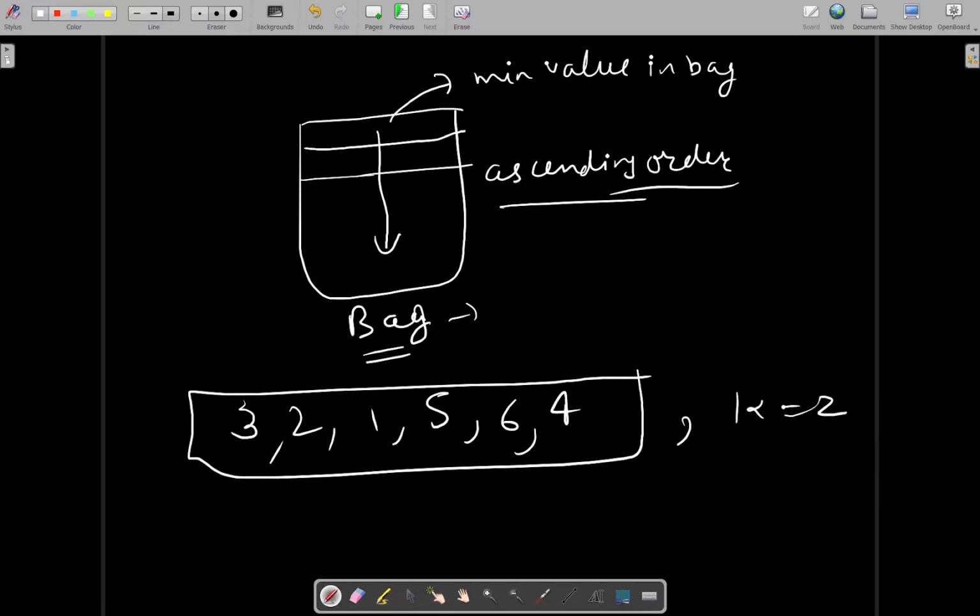So initially, since the number of elements in the bag is lesser than k, you will be enqueuing at least k elements. Let's say I pick 3, then I pick 2.